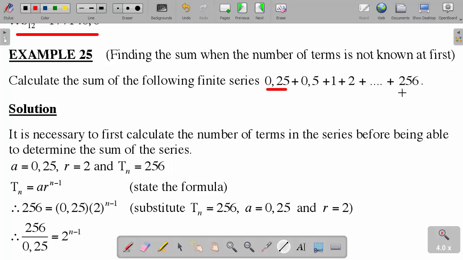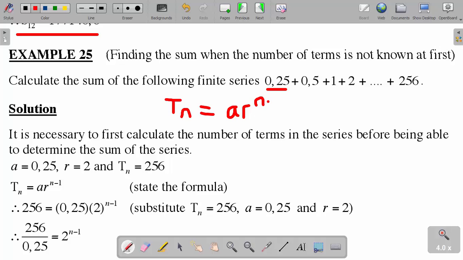And then we can get the number of terms using the last term, because we know that the nth term of a geometric series is given by Tn equals a times r power n minus 1.